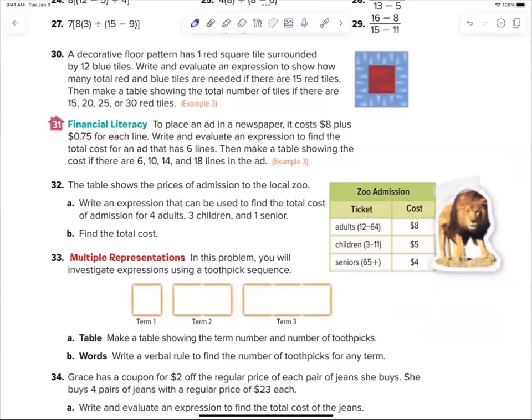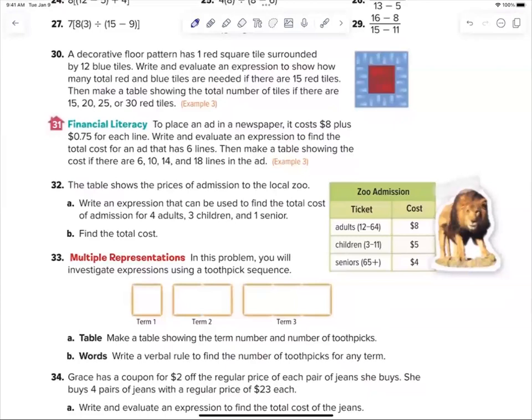It says the table shows the price of admission to the local zoo. Write an expression that can be used to find the total cost of admission for 4 adults, 3 children, and 1 senior. I need the expression for that. Who's going to be brave? Hunter. Here we go.